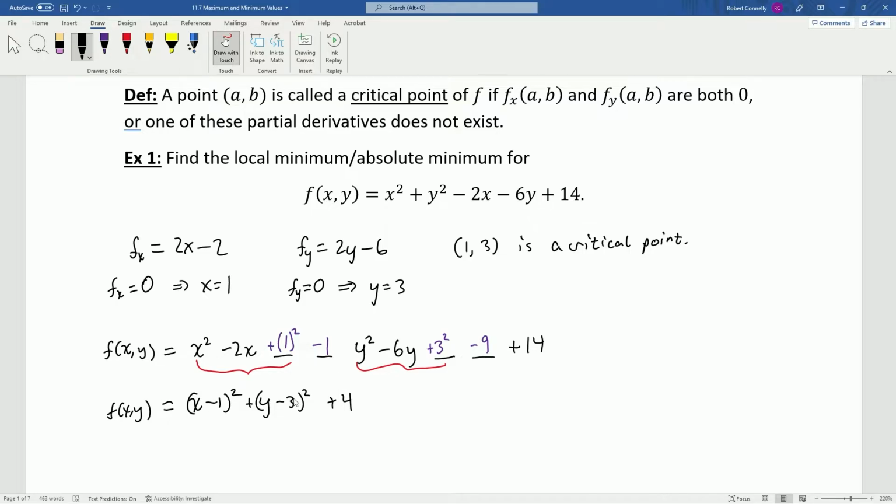What makes these 0? Both of these expressions are greater than or equal to 0, which means that the value for x equal to 1 and y equal to 3 corresponds to a minimum value here. So, in other words, f(1, 3), which is equal to 4, is an absolute minimum for the function.